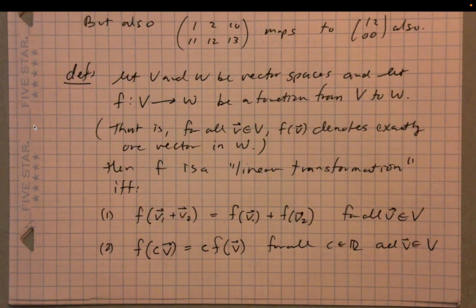So these two properties, on top of a function between two vector spaces, define a linear transformation.